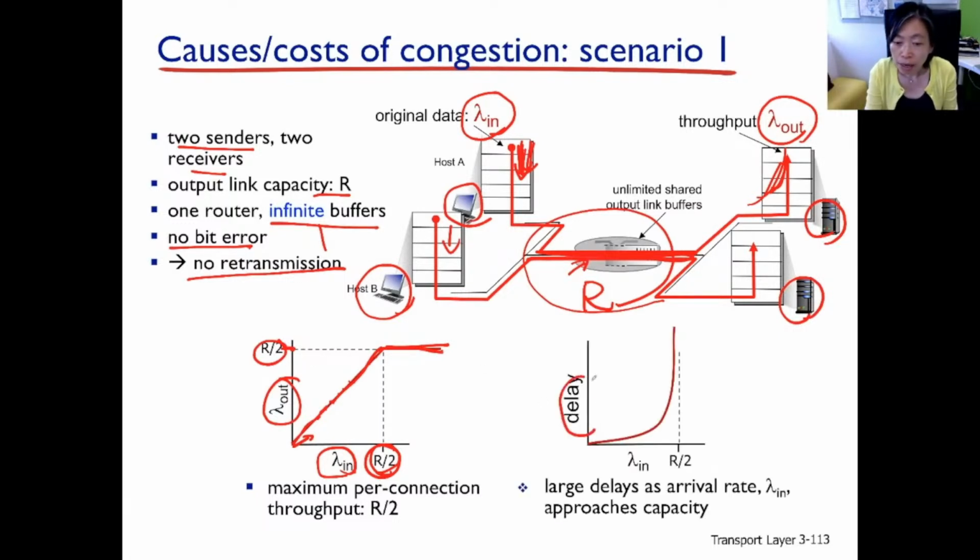Now, the delay is going to show this way because when lambda in continues to increase and reaches half of R, it reaches also the link capacity. Because this is half of R, and this is also half of R, so here R is completely occupied. So when we approach the link capacity, the queuing delay is approaching infinity.